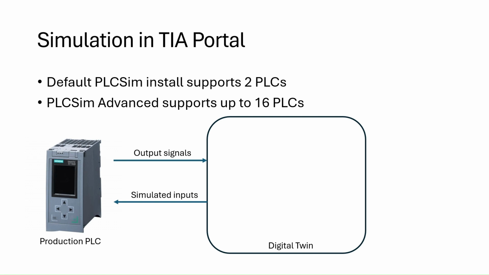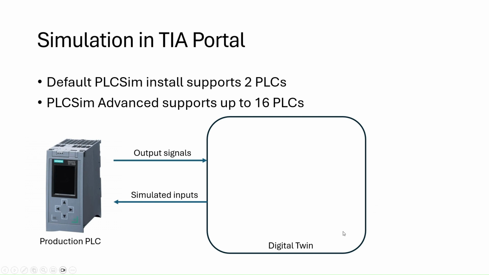That would be digital outputs, analog outputs, but also things like Profinet and other types of communication. There can also be outputs there. And what we want to get back from the digital twin are the simulated inputs. That could also be digital inputs, analog inputs, but also inputs from communication. That isn't restricted to Profinet, but also Modbus, anything that is communication and will be used as an input for the PLC. So how are we going to actually do this?